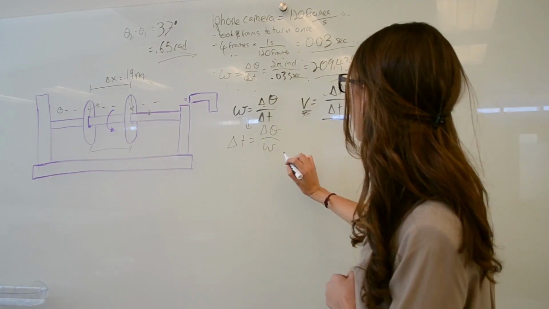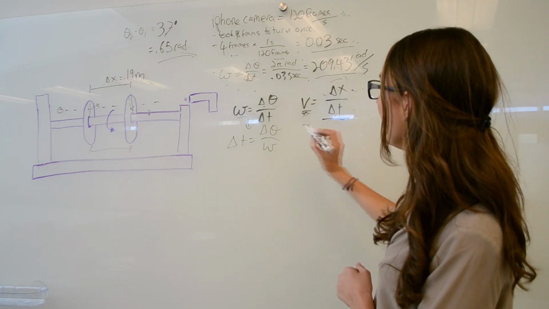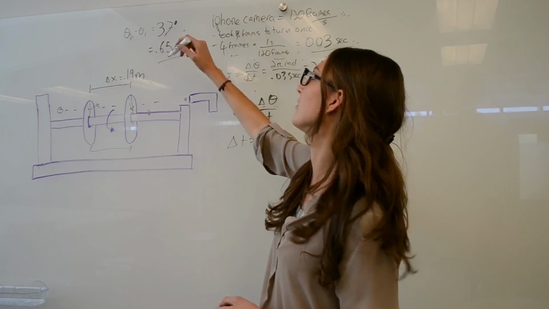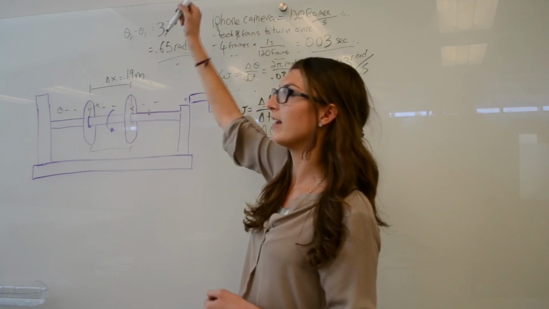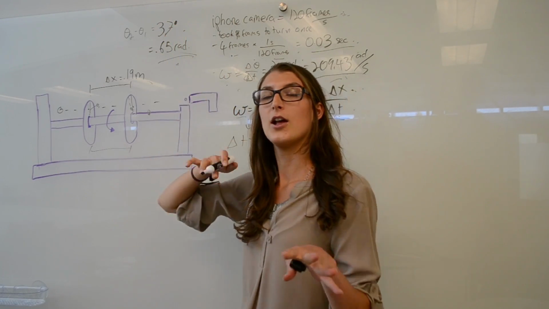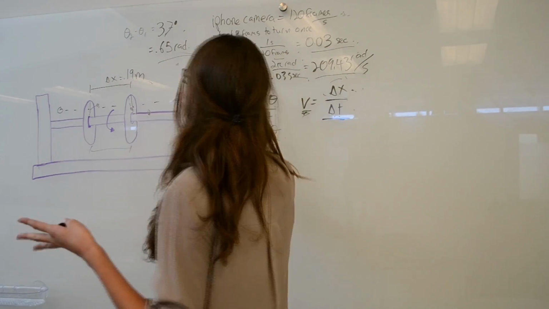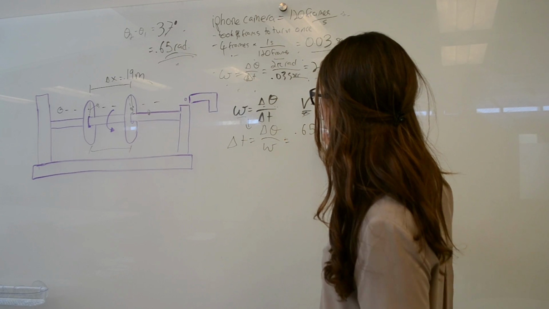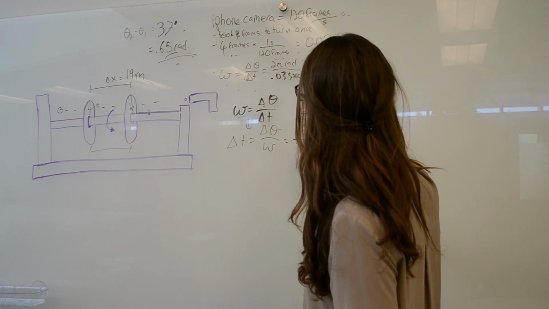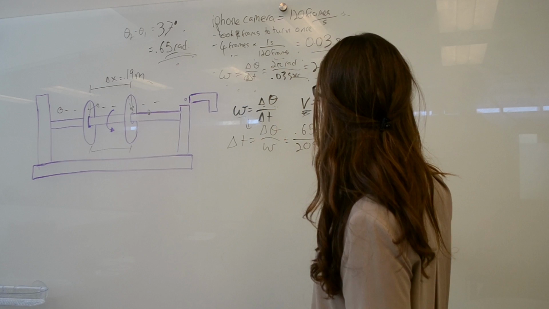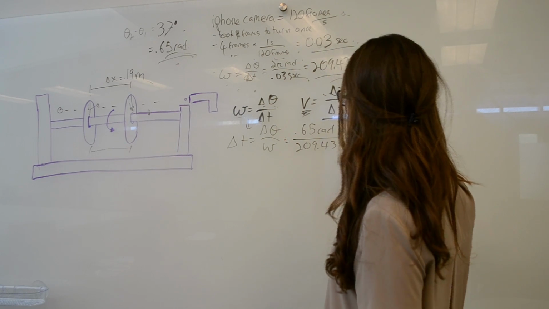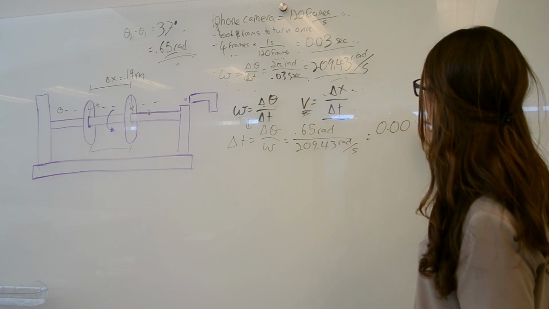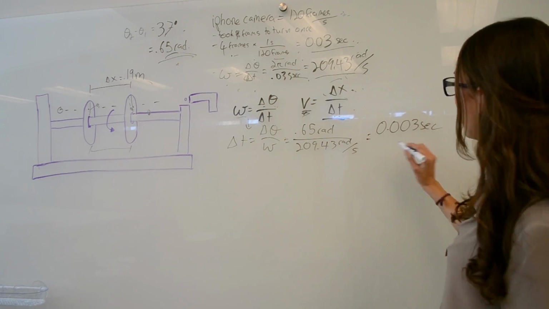Alright, so once we have omega, and we have the change in theta over here, which was 37 degrees, we put that into radians because we know that 1 radian is equal to about 57 point something degrees. So we converted that to radians, so this is equal to 0.65 radians divided by 209.43 radians per second. This turns out to be about 0.003 seconds.